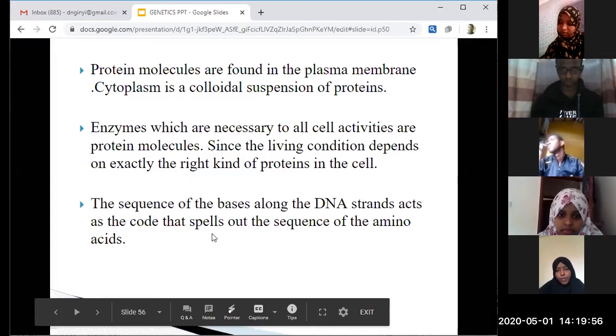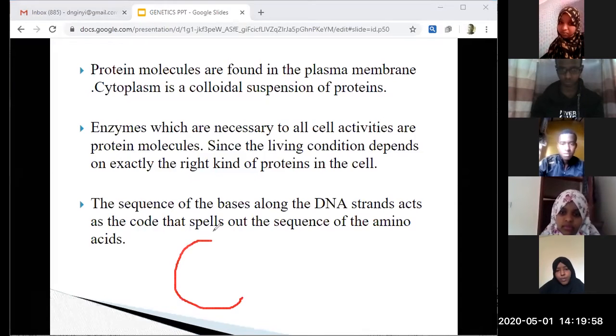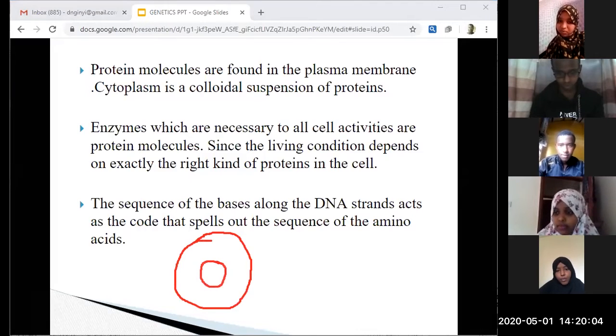Now, we have a cell, and within the cell we have a nucleus. Within the nucleus is where we have the chromosomes. We know from our basics that the structures which are responsible for protein synthesis are located within the cytoplasm.